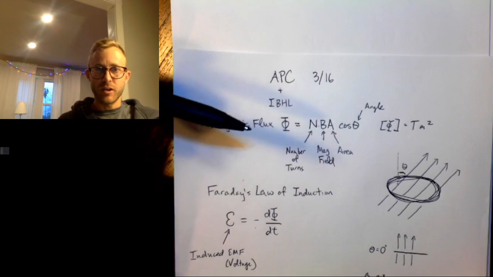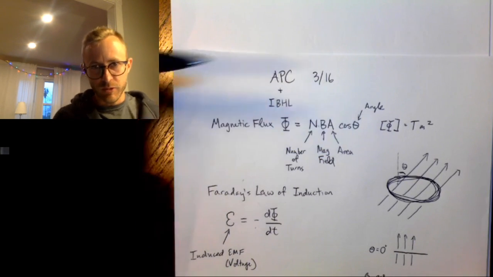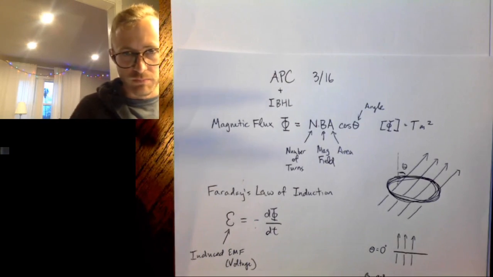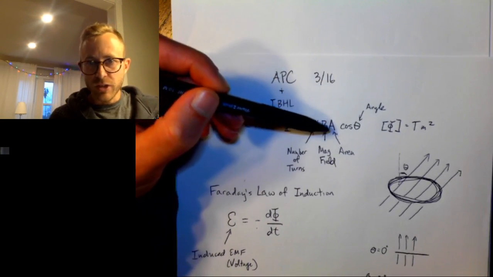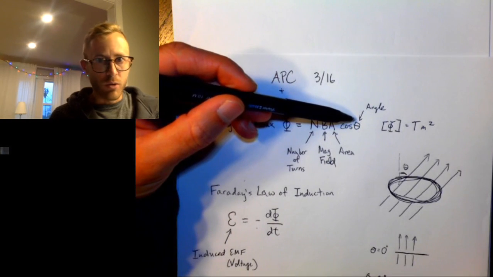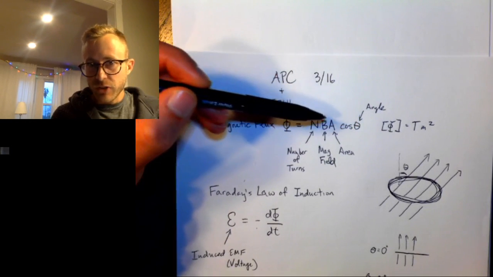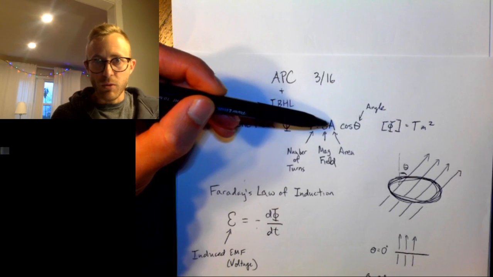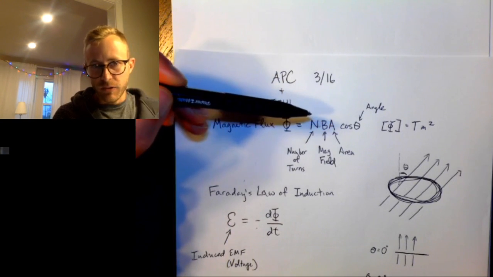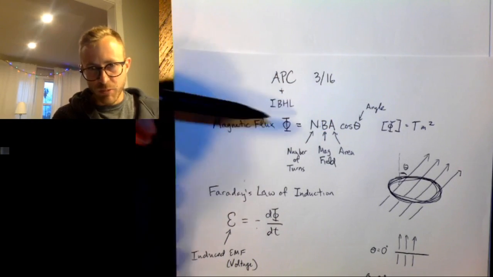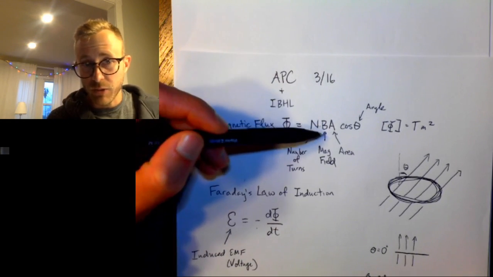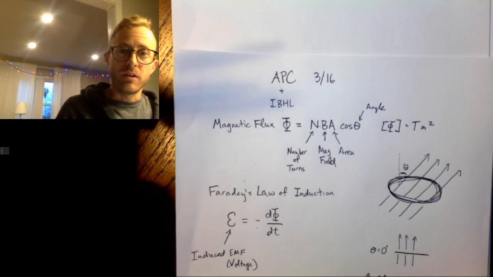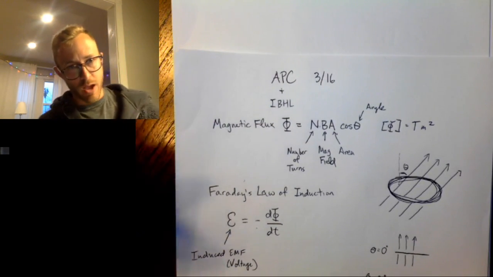If all of these are constant, then when you take the derivative with respect to time, you get 0. So either the angle is changing or the area is changing or the magnetic field is changing. I've never seen an example where the number of loops is changing, so that's going to be constant. But the magnetic field could change, the area could change, or the angle could change.